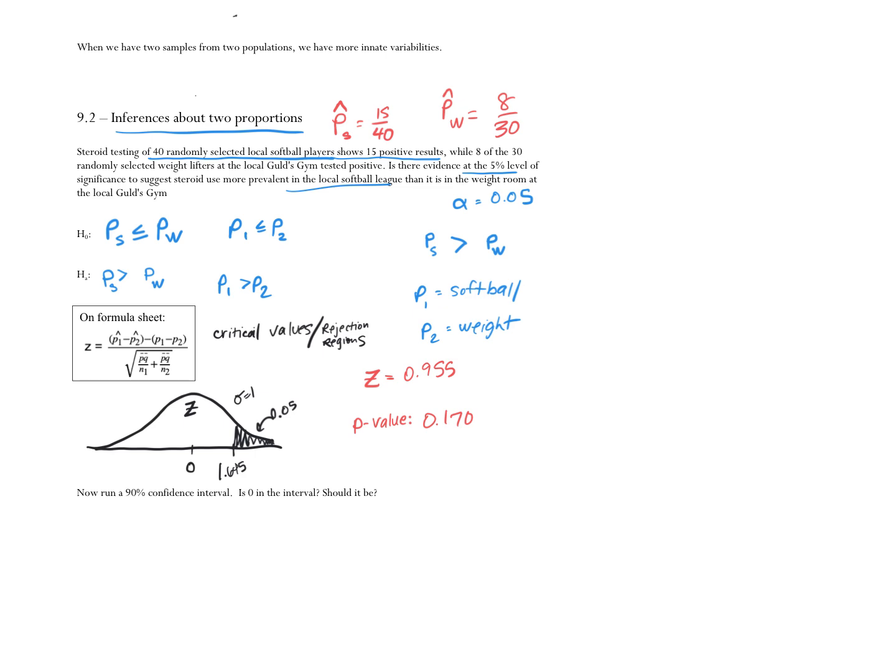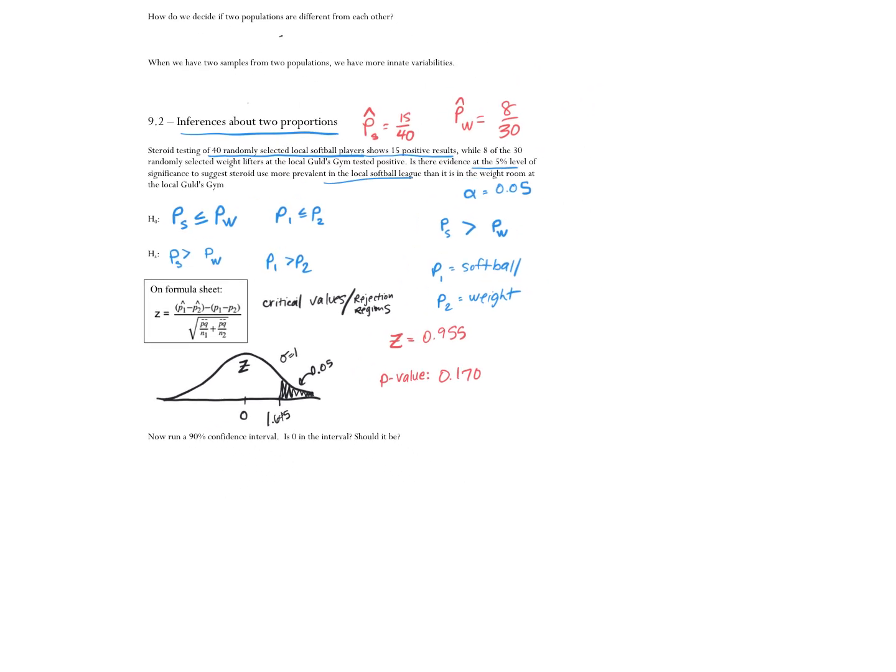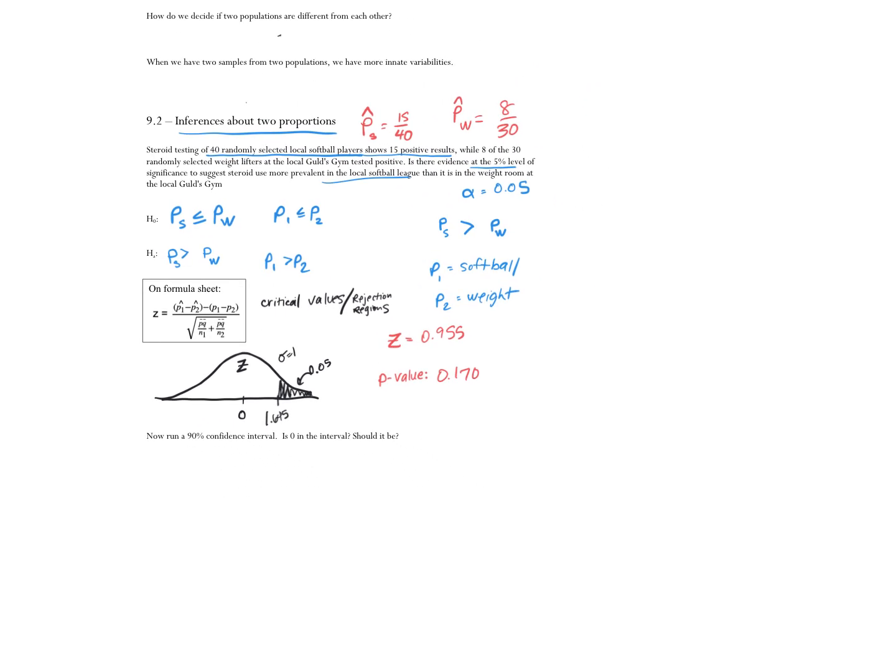Now, okay, so my z statistic, 0.955, puts my sample right about here. How would you describe that?